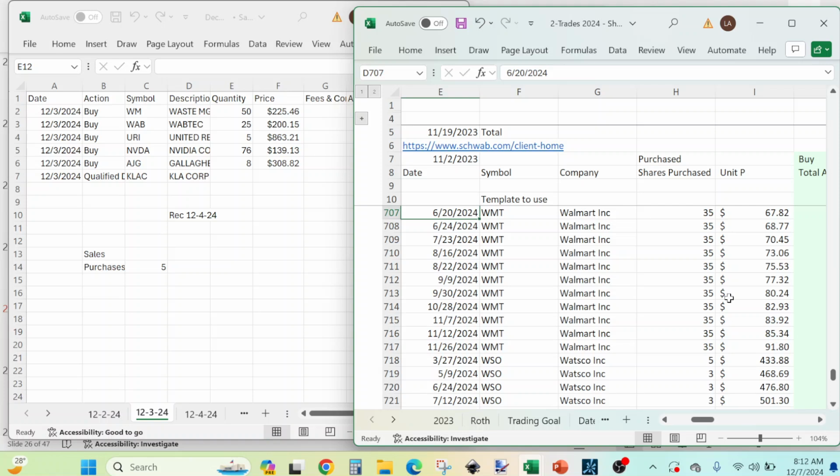Then we have URI. So we have December 3rd as well, and NVDA. It's a little bit up.